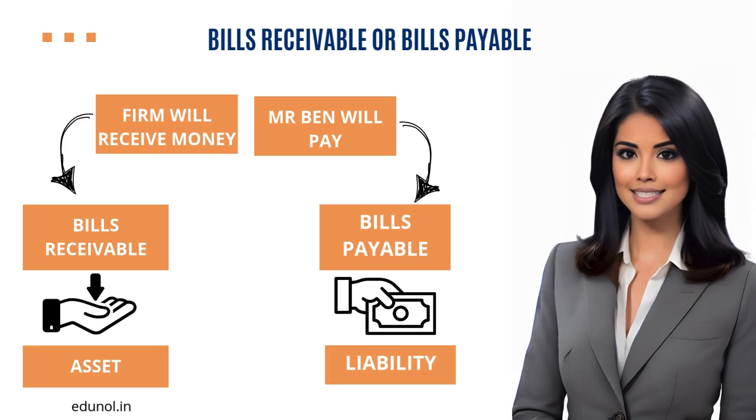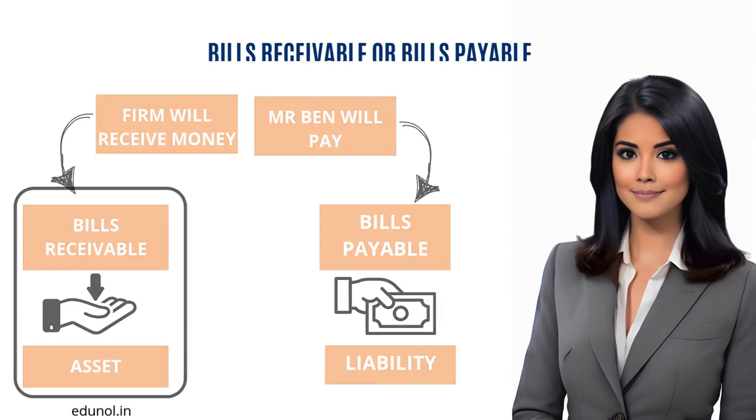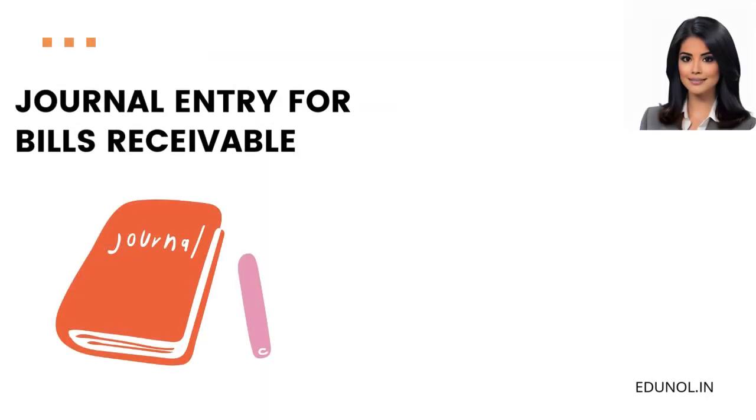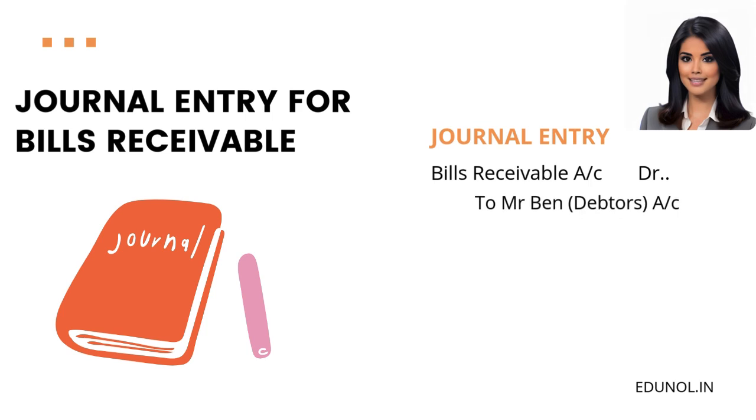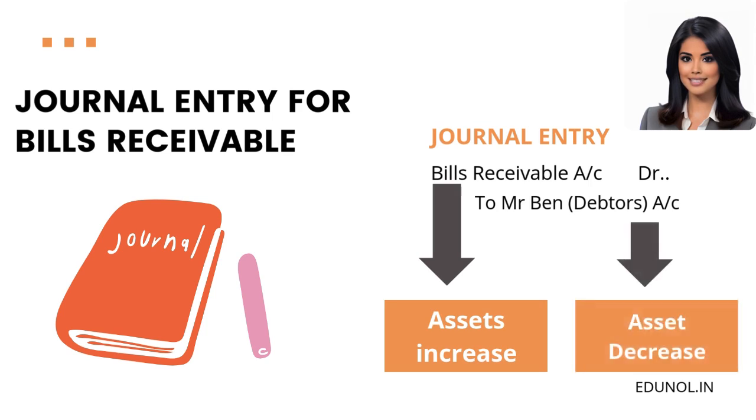We will be discussing the accounting treatment only in the books of the partnership firm, for whom it is called bills receivable. The journal entry for receiving bills receivable passed in the books of the partnership firm will be as follows. Bills receivable account gets debited by 5,000 rupees as assets of the firm are increasing. Debtor's account gets credited by 5,000 rupees as assets of the firm are decreasing.